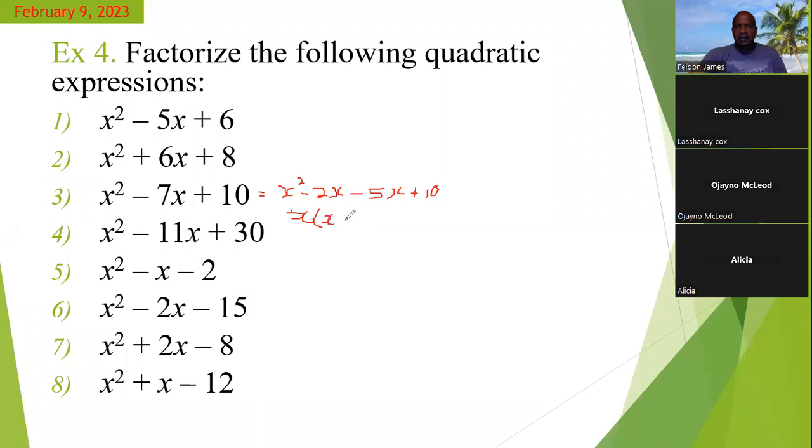X into minus 2x will give you just minus 2. And what is common for the second one would be negative 5.